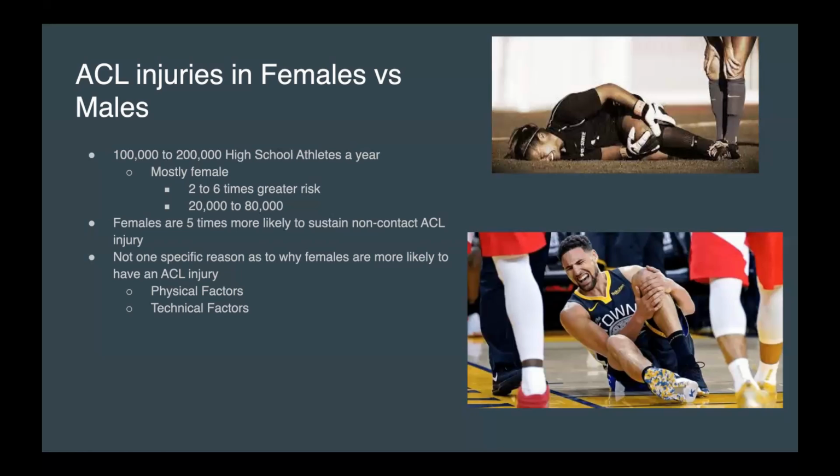As we've seen an increase in women's sports, we have also seen a greater risk of orthopedic injury. That's another thing to keep in mind if you're a female playing sports and you're using your knees a lot, with your running or jumping.